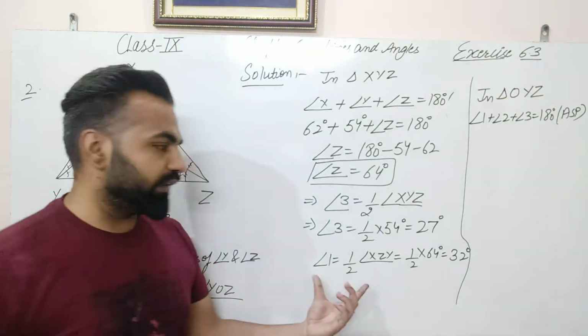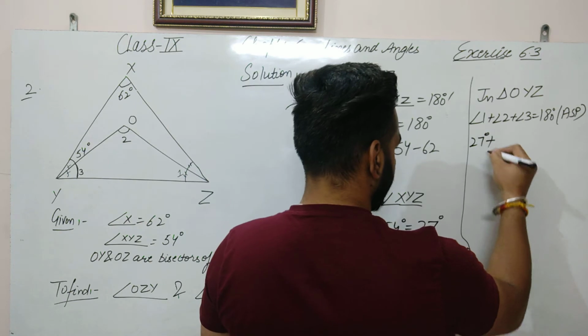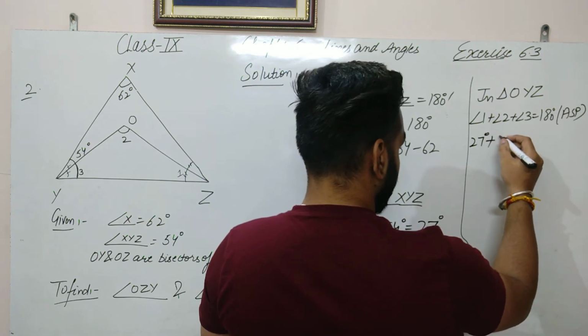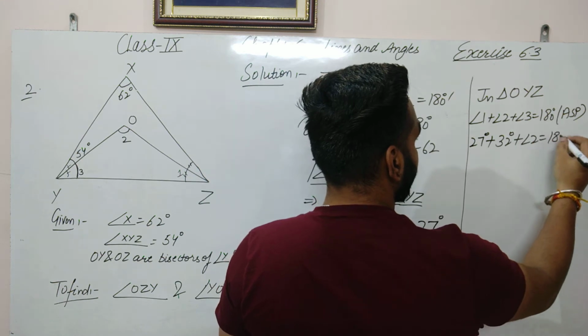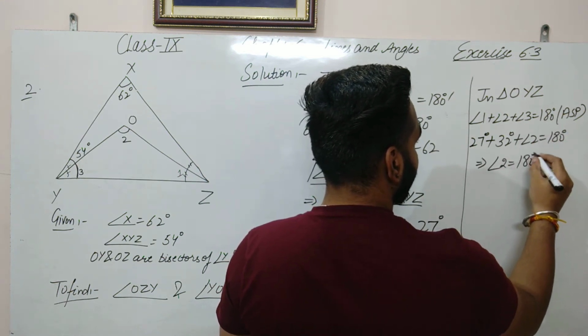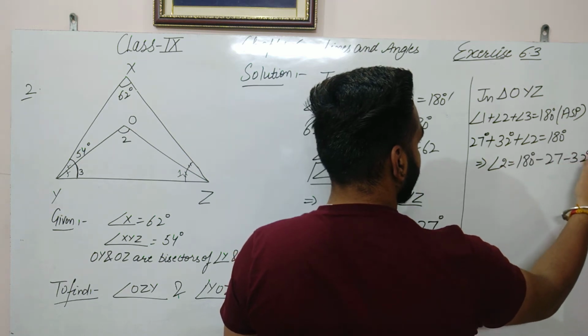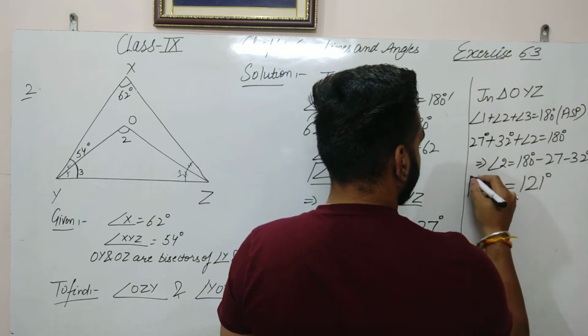We know the value of angle 1 and angle 3. So we will put here 27 plus 32 plus angle 2 is equal to 180. So from here angle 2 will be equal to 180 minus 27 minus 32. So angle 2 will be 121 degrees.